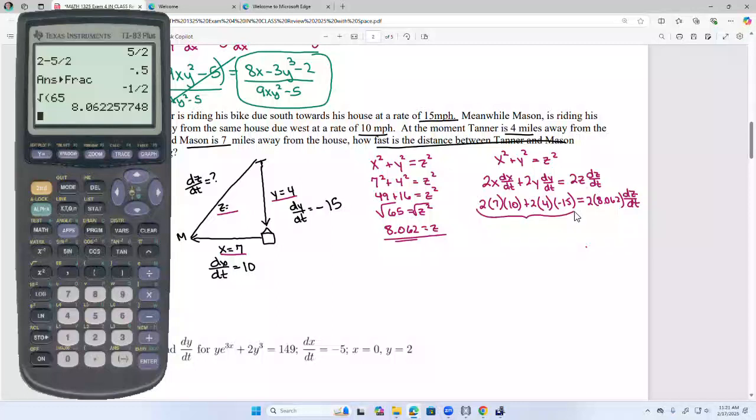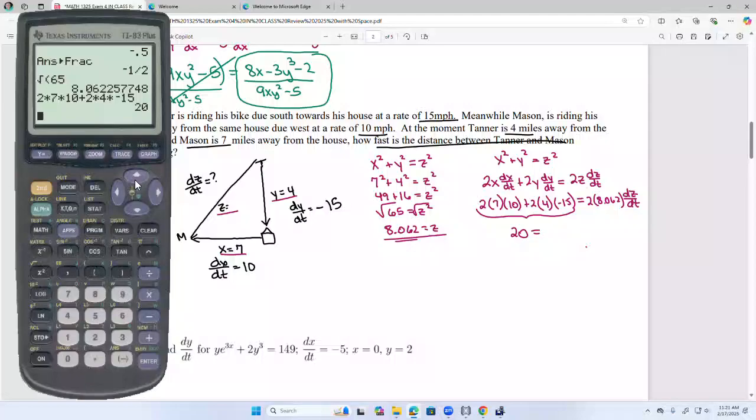All this stuff on the left of the equal sign, I can plug all of that into my calculator and get a number. So I have 2 times 7 times 10 plus 2 times 4 times negative 15, and I get 20. So 20 equals, and then those two I could multiply.